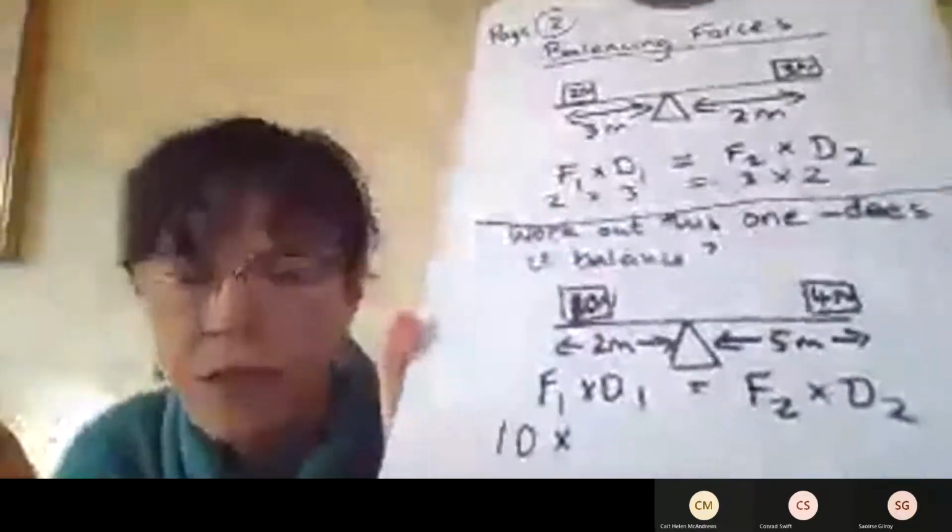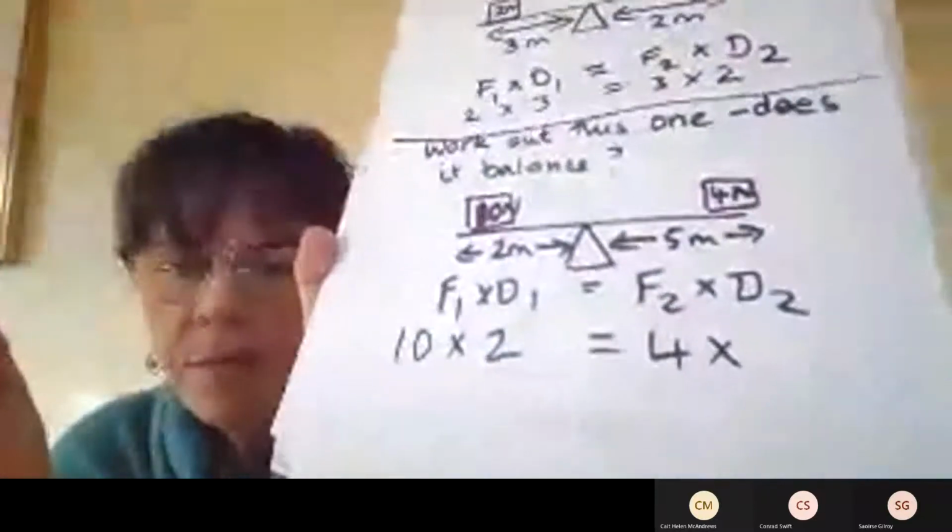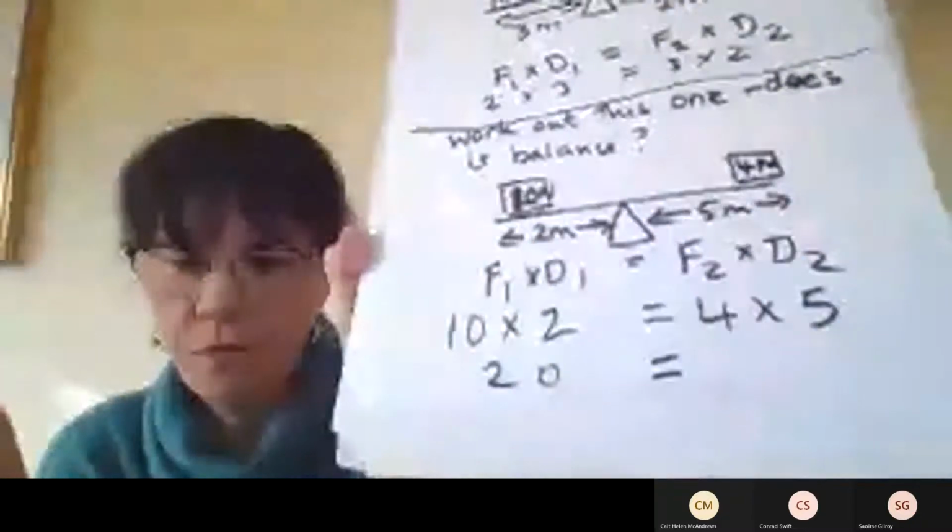So we're putting in for force 10 newtons, for distance 2 meters, and on the other side, for force 4 newtons and for distance 5 meters. And then we're doing our sums. 10 times 2 is 20 equals 4 times 5 is 20.